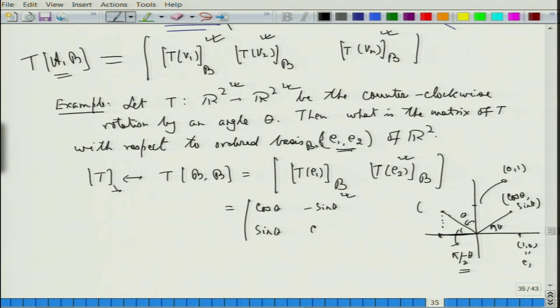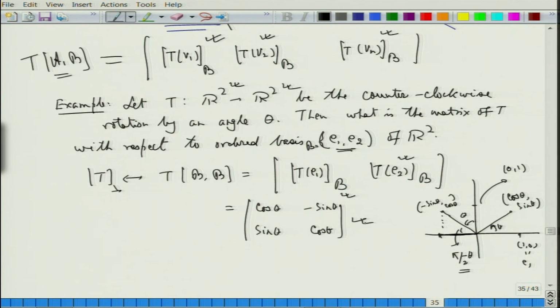Sine of this is same as cos theta. Fine. So this vector is nothing but, complete it yourself. Again see, x component I am looking at. X component is negative. This is the angle pi upon 2 minus theta. So it is cos of this. Cos of this is nothing but sin theta with a negative sign. So I get minus sin theta, and similarly I will get cos theta here. All right. So overall, it is pi minus theta, but I am just looking at this part. So this is pi by 2 minus theta, so I get this as the matrix.